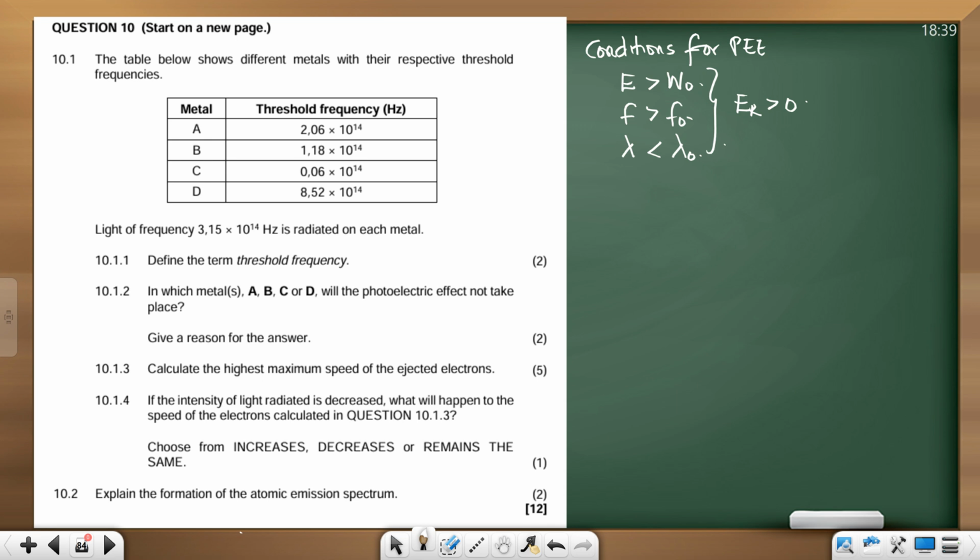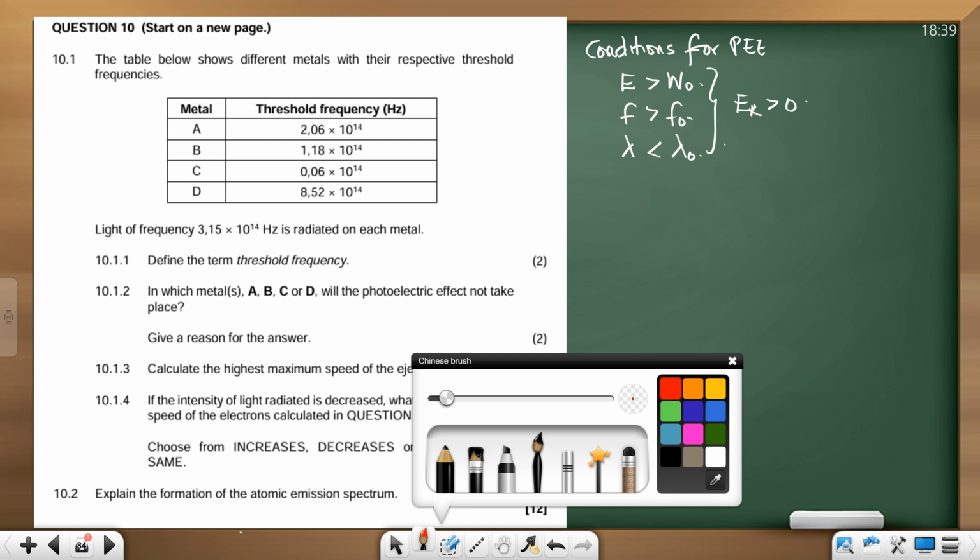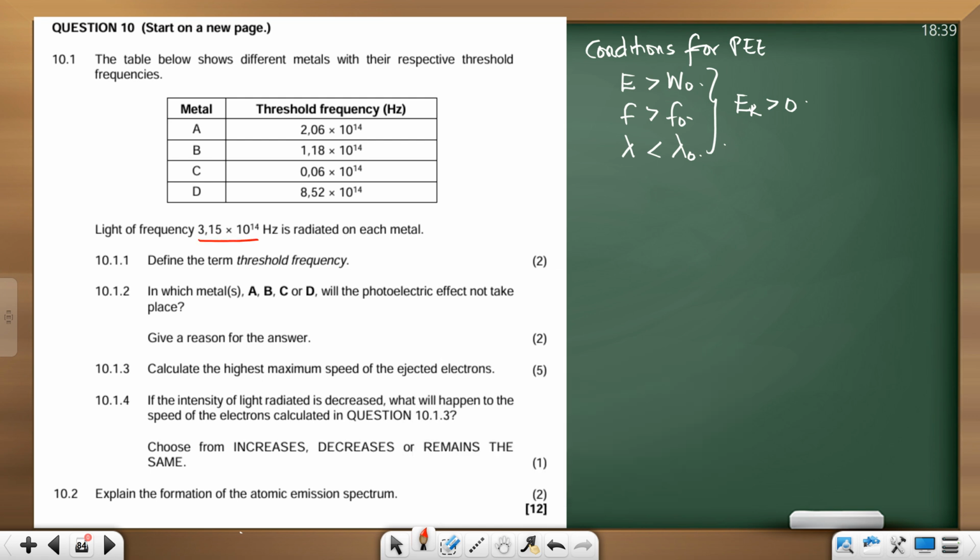We're done. All right. In which metals A, B, C, D will photoelectric effect not take place? All I'm doing, guys, I want to quickly warn you, be careful of the exponents. So the first thing I did was to check all the exponents; they are the same. If they are not the same, use a calculator to check the values.